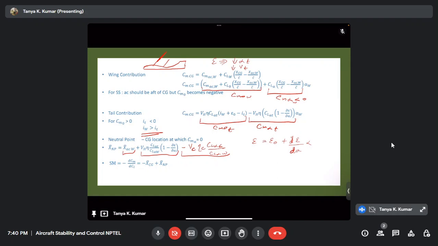It will be positive, right? Static margin will be positive for a statically stable aircraft. So that means your dCm, we know this, the Cm versus CL graph will have a negative slope, just like the Cm versus angle of attack, alpha.